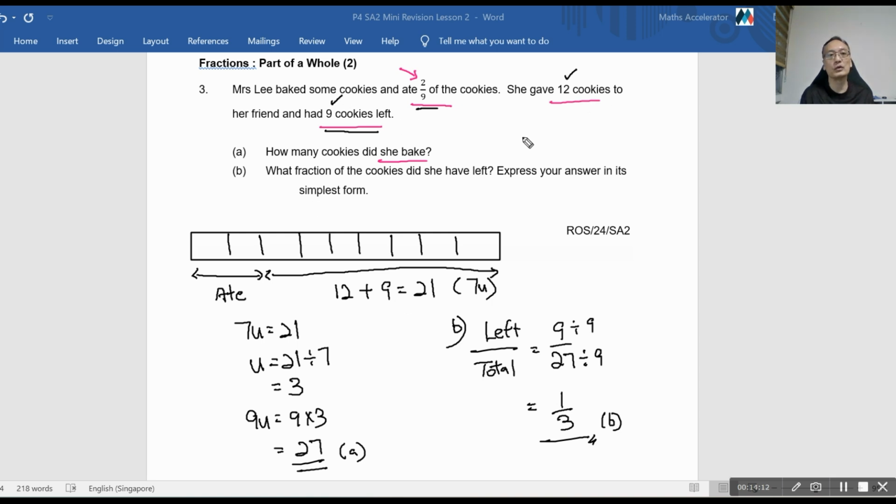So over here is 12 plus 9, that will give us 21. 21 is 7 units. So we proceed to divide by 7 to find the value of 1 unit, and to find the total, we times 9. That will give us 27 cookies, the answer for part A. Part B, we need to form a fraction. So it's left over total, 9 over 27. To simplify, it becomes 1/3.